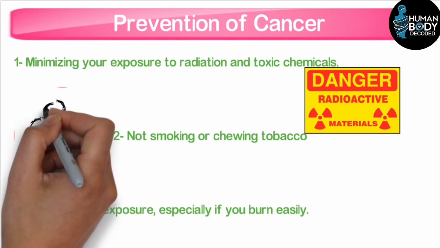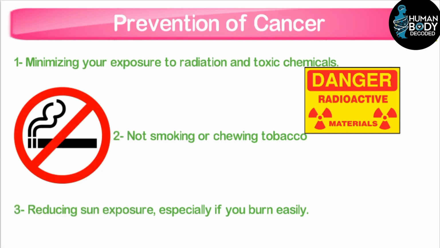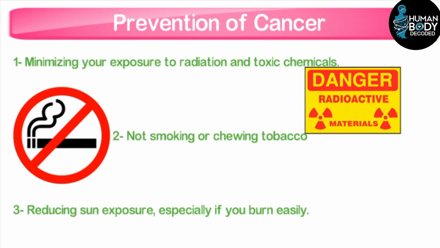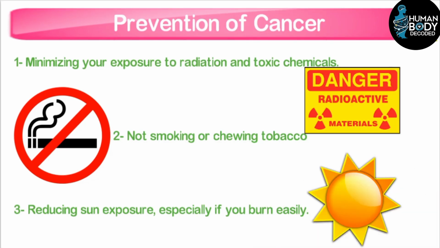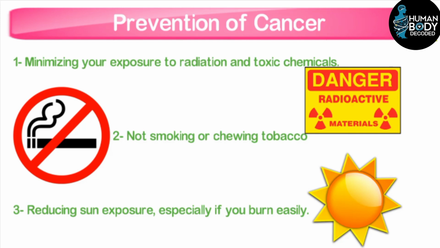Along with that, if someone is a smoker or consumes tobacco, then they should leave their smoking habit. Those people who are exposed to sunlight a lot should reduce their exposure to the sun a lot, because all these things will reduce the control over our body's cells. Then what will happen? Those cells will turn into cancer cells.